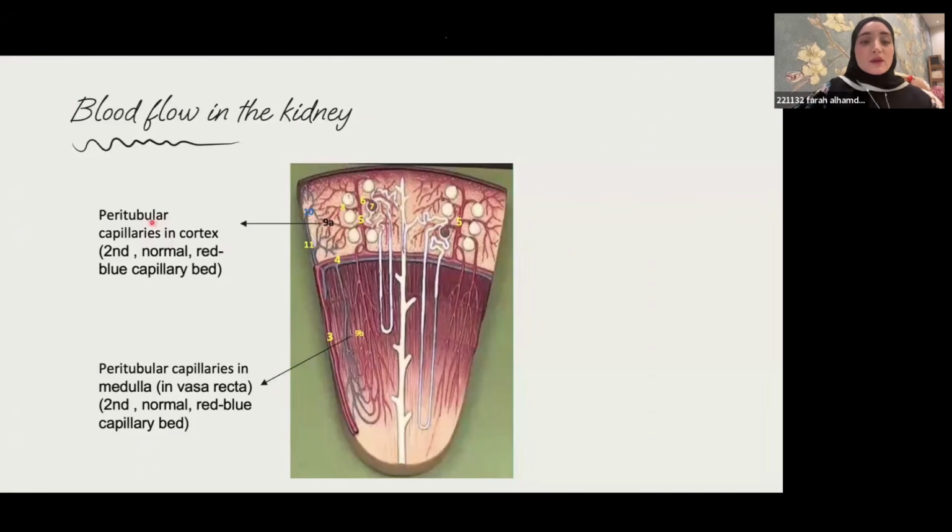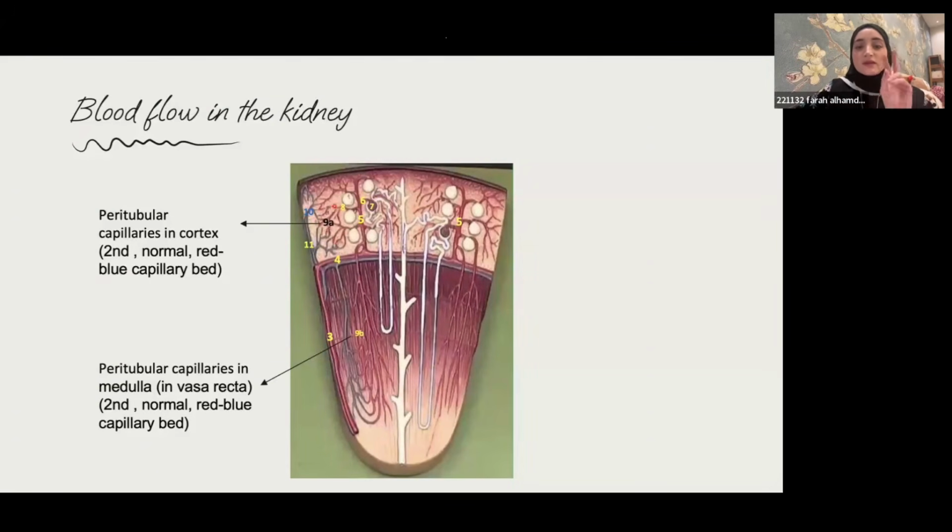These are called peritubular capillaries. These are normal capillaries, because when they merge they create a red to blue capillary bed. Basically, they supply oxygen, and then when they merge, the deoxygenated blood goes into the venules.